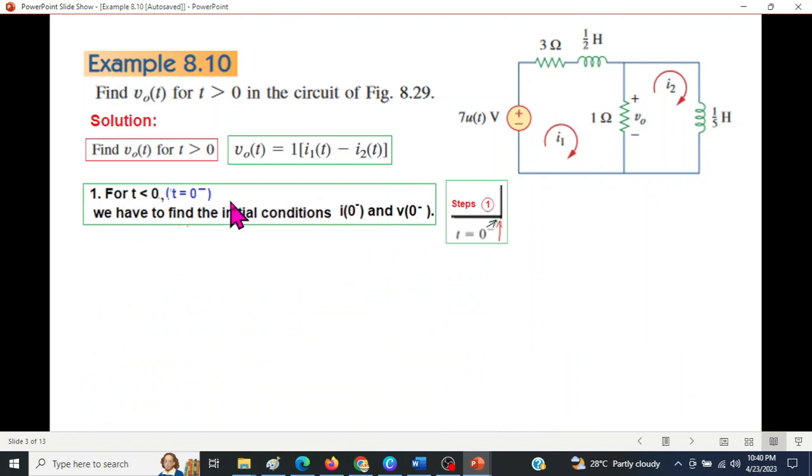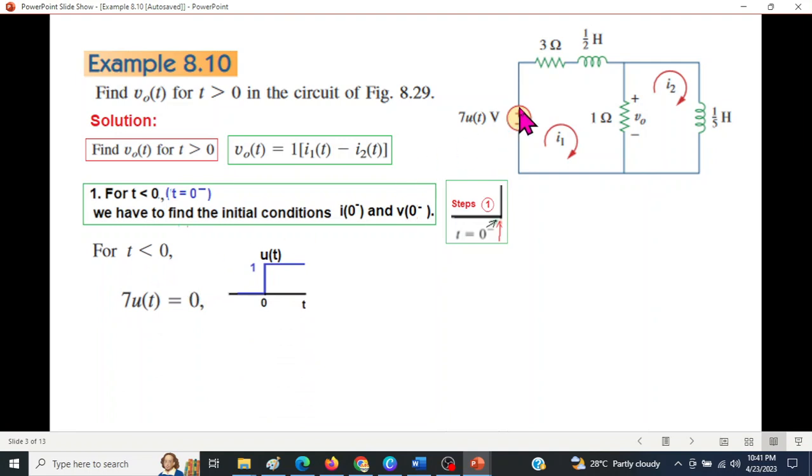Okay, so let's start. The first step is that we are at t0 negative here. So for t less than 0 or t equal to 0 negative, we have to find the initial conditions, that is I(0 negative) and or V(0 negative). Now in this case there is no capacitor, therefore we won't find Vc, but we'll just find the inductor current and voltage.